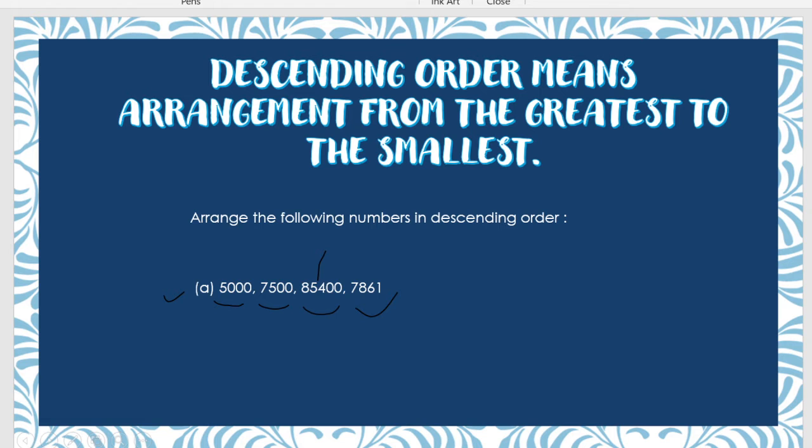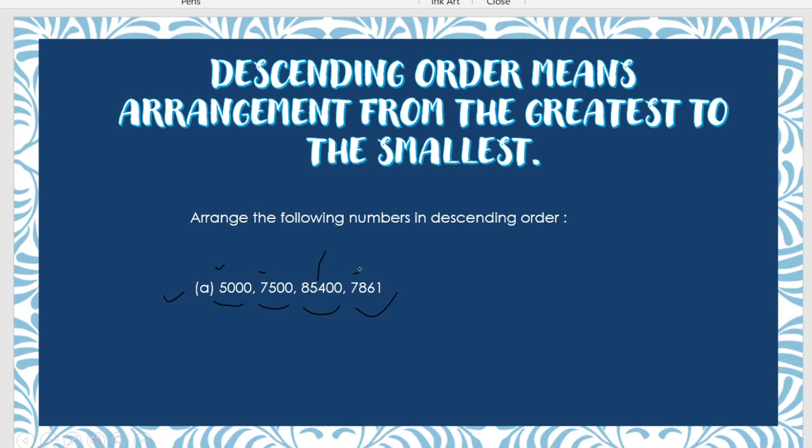Then to find the next number, we have to see the first digit. This number is 7, and this number is also 7. Now looking at the hundreds place, two numbers are being selected: 7,500 and 7,861.